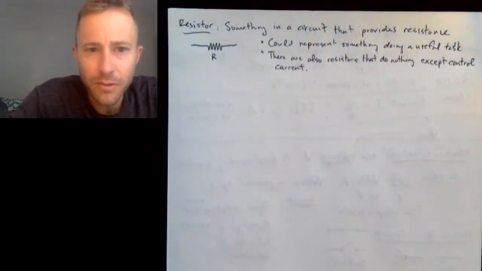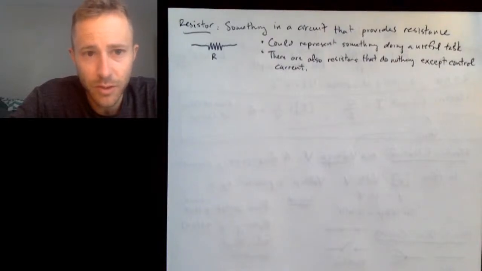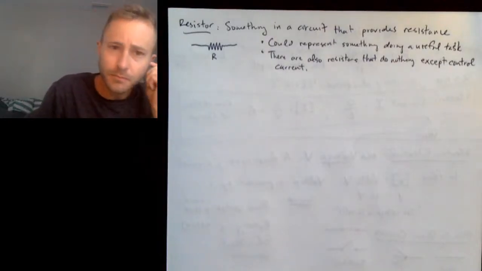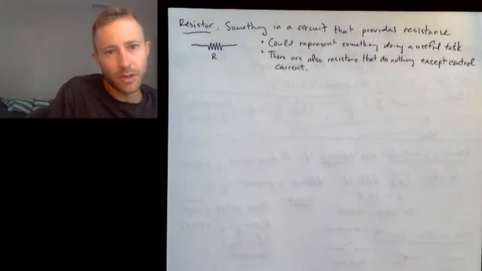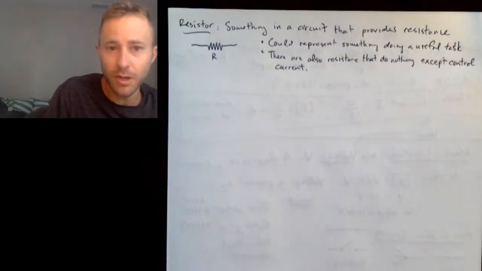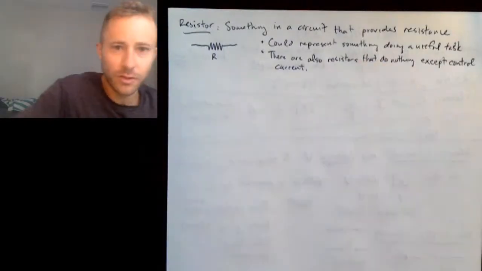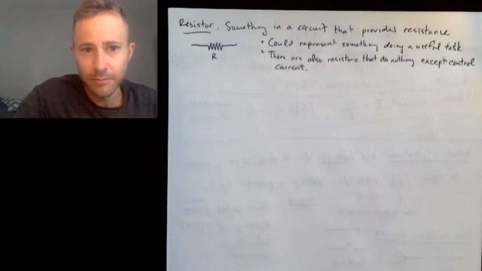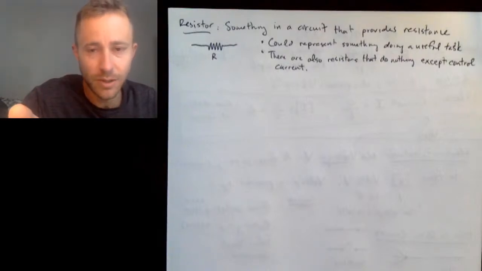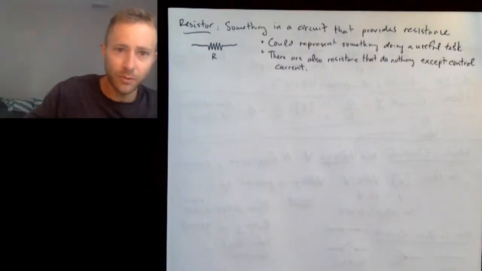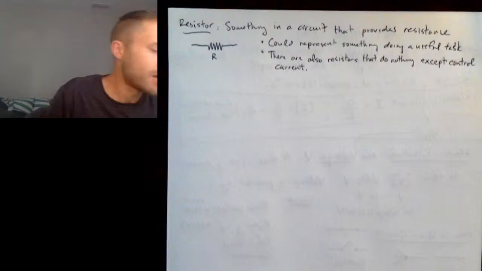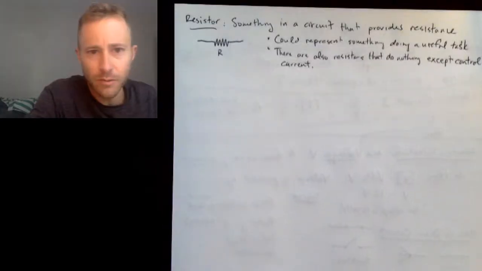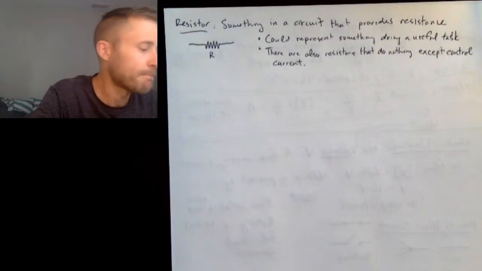That is oftentimes how resistors are used. If you're designing a circuit and you want to make sure that the circuit has a certain amount of current flowing in it, you can use a resistor that doesn't do anything to achieve that. The only thing it's doing is slowing the flow of current down to the level where you want it to be. All right? So it provides a level of control within a circuit.